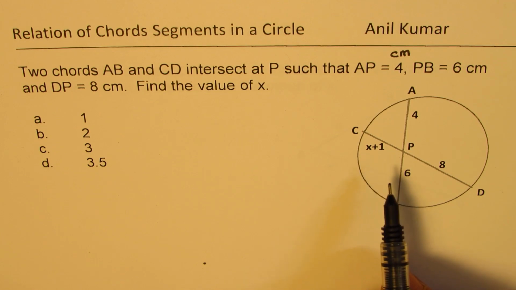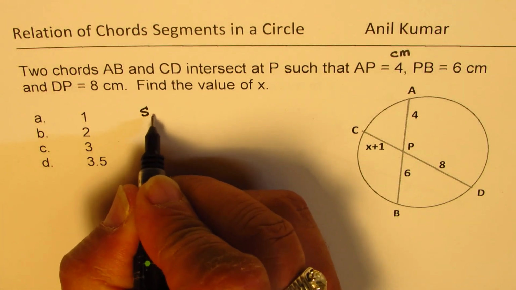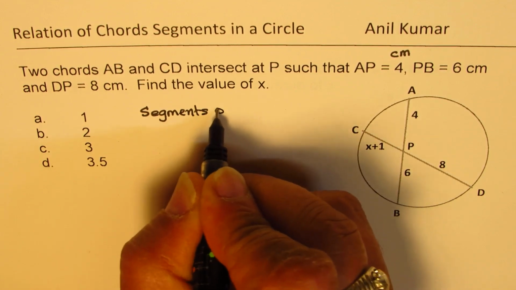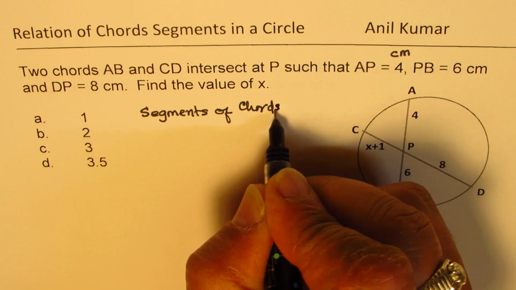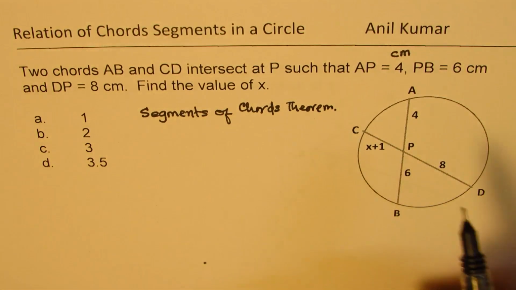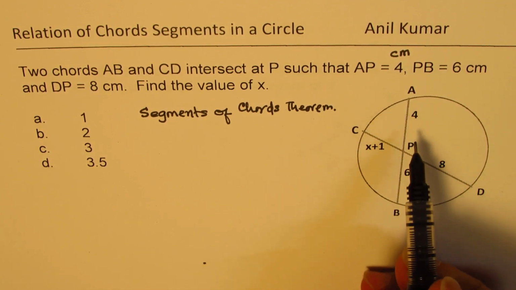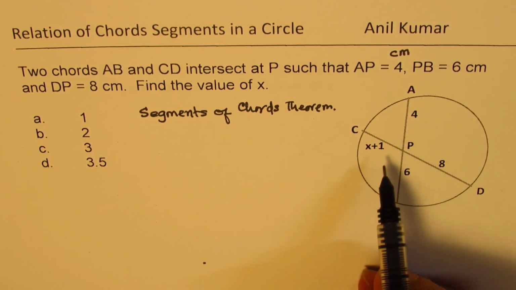Now here it is an application of the segments of chords theorem, right? So according to this theorem, whenever you have two chords intersecting in any circle, in that case the product of the chord segments is same, right?